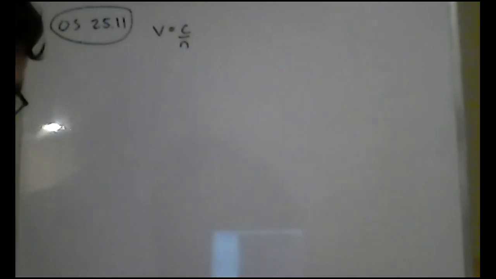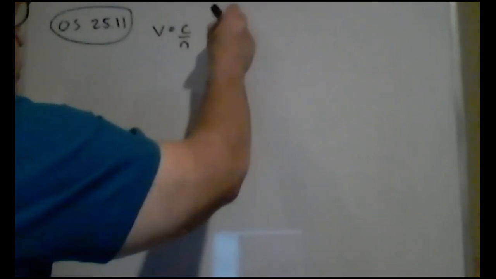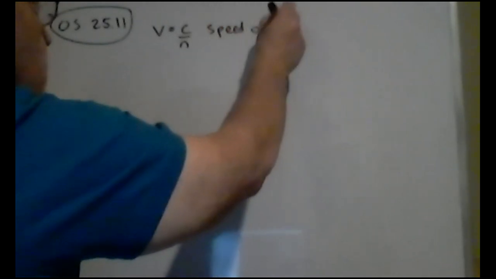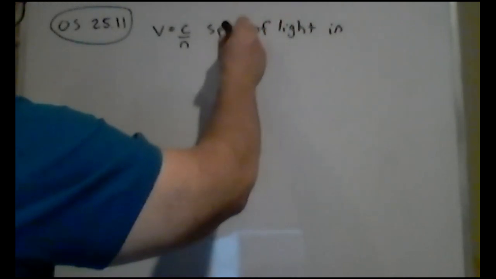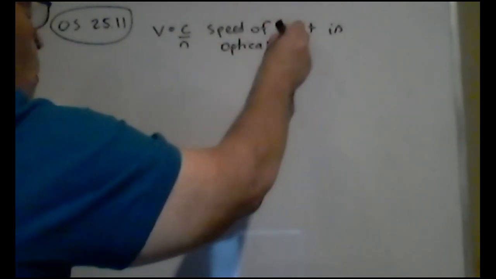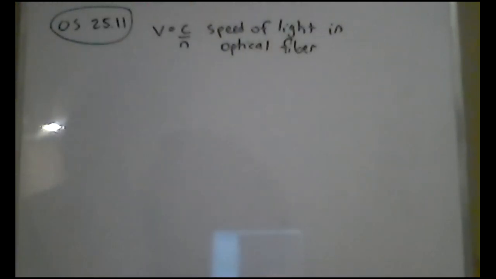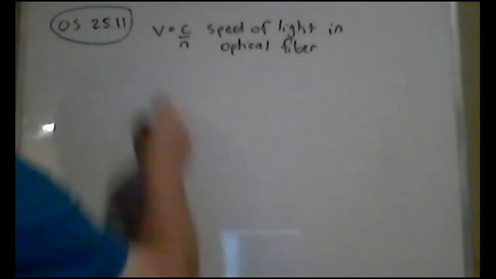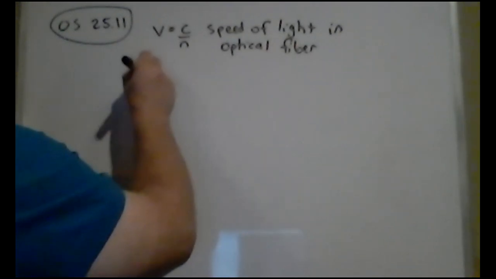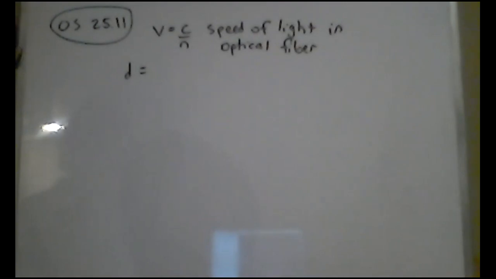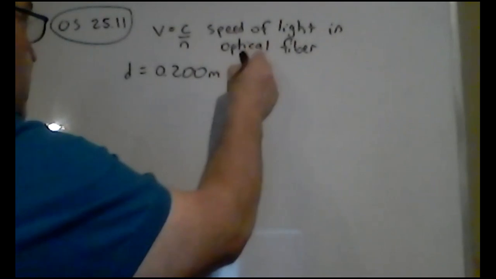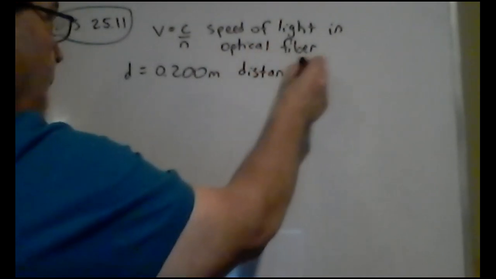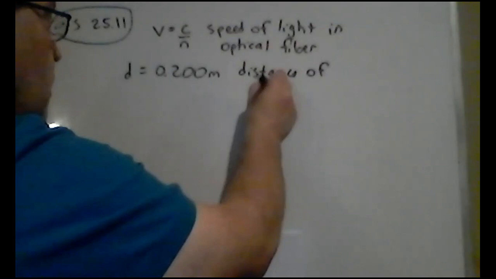Okay, that's the speed of light in optical fiber. Now what's the distance across the fiber that we're looking at? Well, we're going to propagate 0.200 meters. 0.200 meters, that's the distance of light propagation.